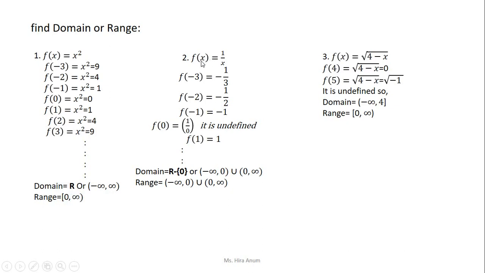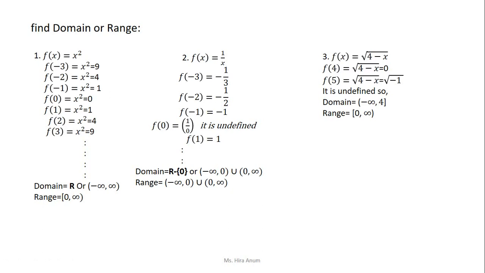We have a function here, f of x equals 1 over x. If we take -3, -2, we get -1 over 3, -1 over 2. But if we take 0, then 1 over 0 is undefined. We cannot put in a number that makes our function undefined.